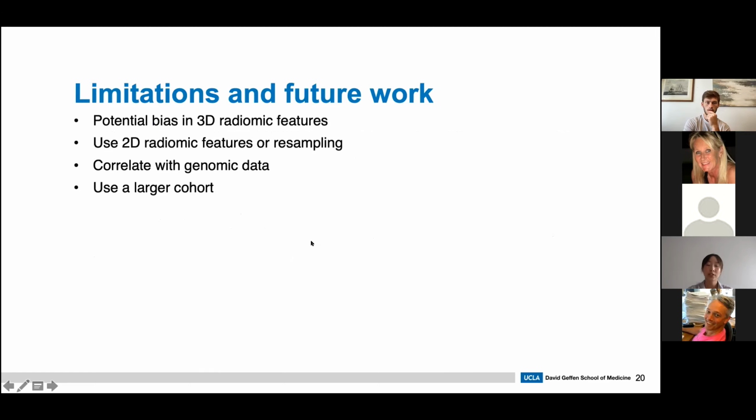In the future, we might have to do some resampling or simply use 2D radiomic features to address that limitation. Eventually, we would like to use genomic data to correlate with our radiomic findings, and we would also like to use a larger cohort.